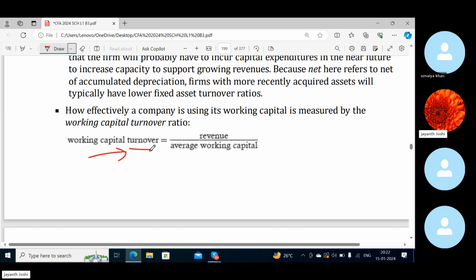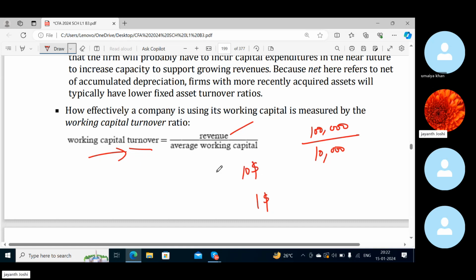Wherever I speak about turnover, revenue comes into picture. So let's say my revenue is 1 lakh and average working capital I'm maintaining is 10,000 in my business. So for $1 investment in working capital, I am able to generate $10 of revenue.